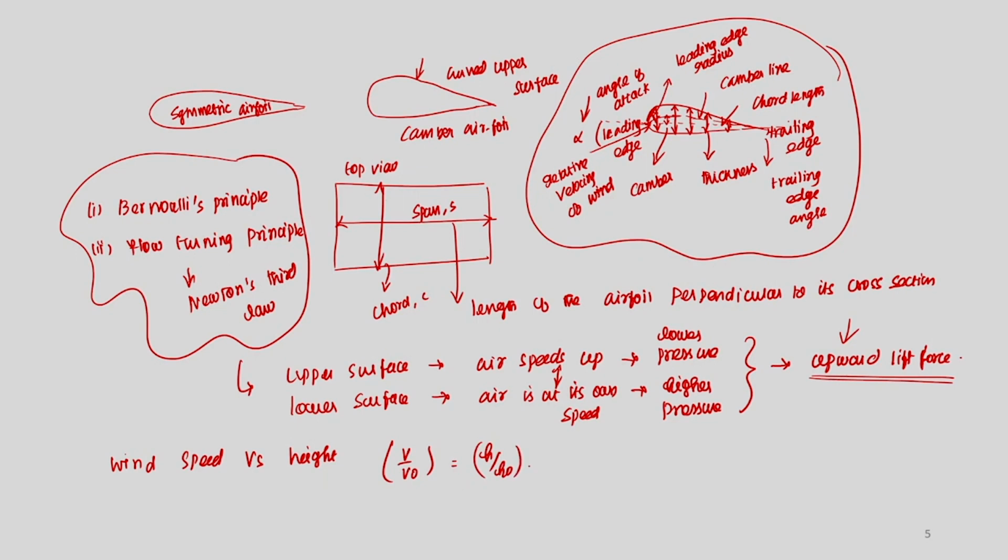So, naught refers to reference height and reference velocity, and alpha is nothing but the surface roughness coefficient, right. So, the values are given, and wind speed is also a function of many parameters, and here we said one of the parameters is the surface terrain, right.